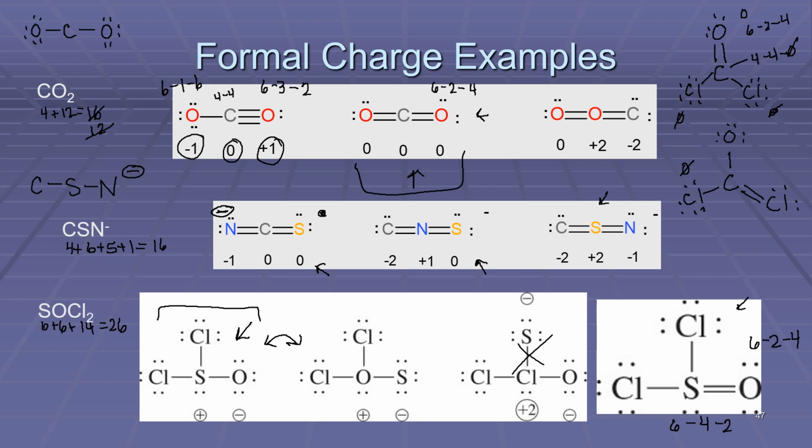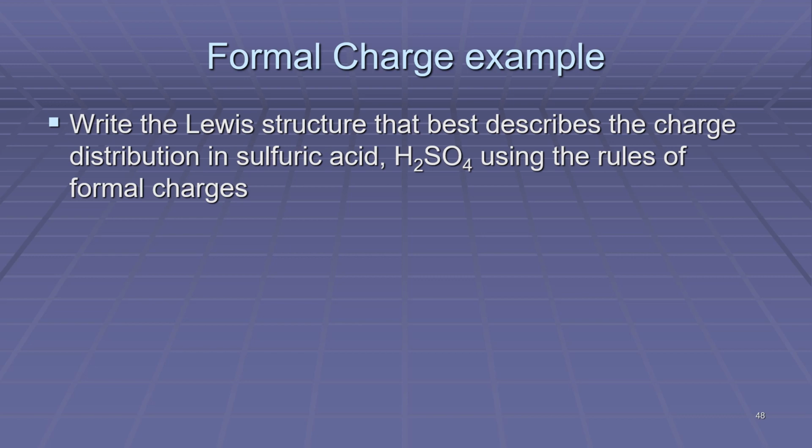And the oxygen here would be 6 minus 1 minus 6, so it's a -1. And this chlorine would be 7 minus 2 minus 4, so it's actually a +1. And so again, this would not be the best answer because it doesn't have the lowest formal charges. So anyway, that would have helped us back then too. One more example.